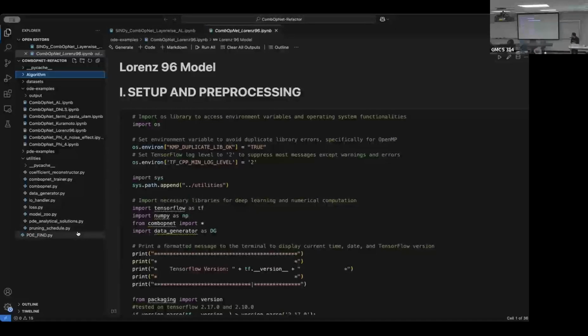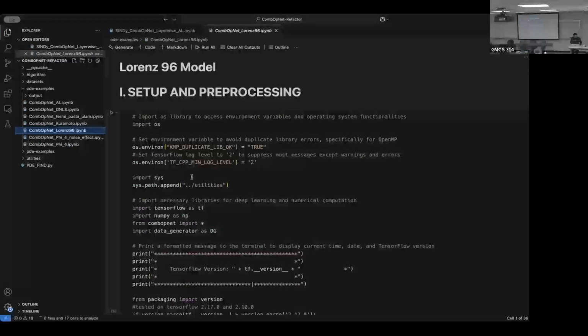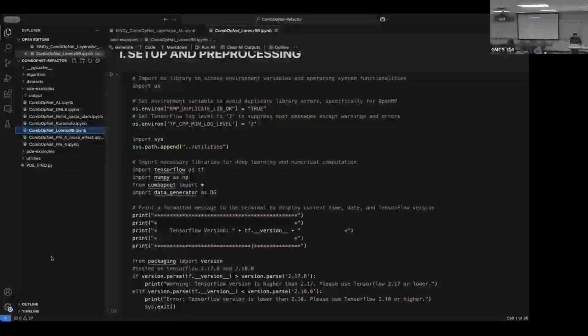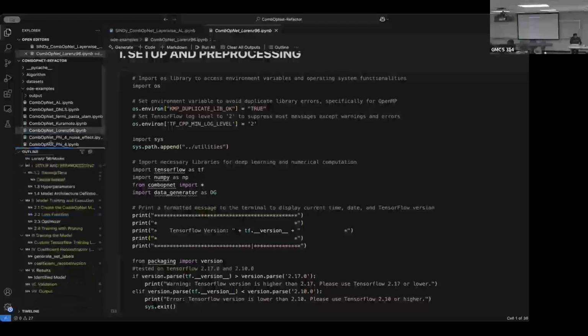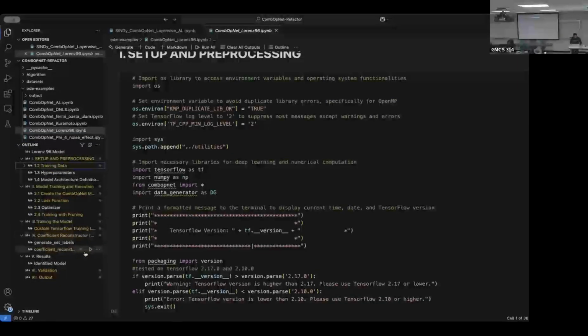We also have a zoo for our models, like the functional models we're going to try, like pooling. This is also our model, and we have analytical solutions for these. Let's try the Lorenz 96 system. If I can bring up an outline here, there are just several steps. You start with preparing the training data, then define your hyperparameters, and then define the model.